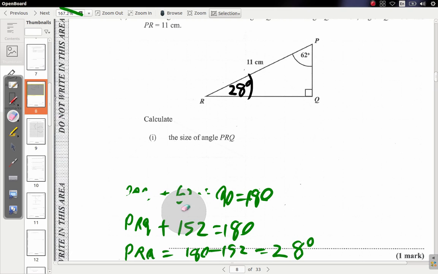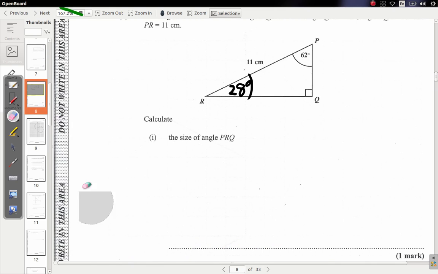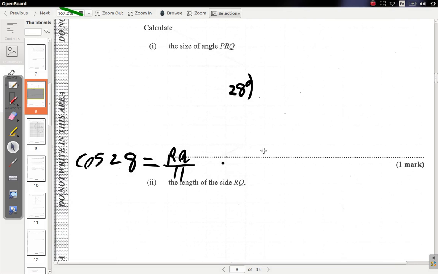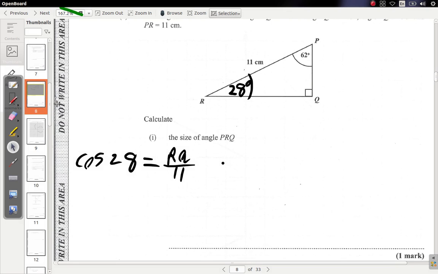Let me rub out what was there first. Alright, so we can say cosine of 28 degrees equals, this is the angle, the adjacent, that's RQ, over the hypotenuse, 11. So in this case now, what do you have?